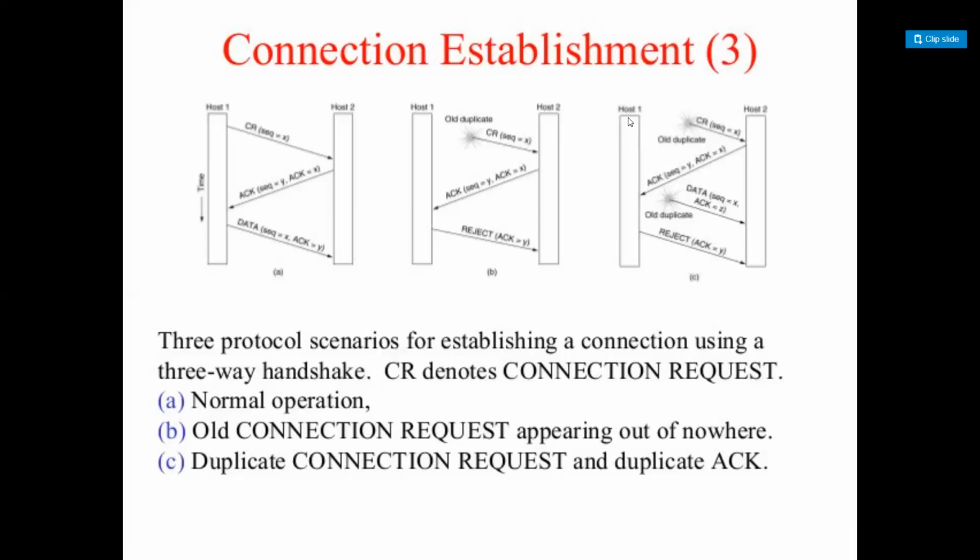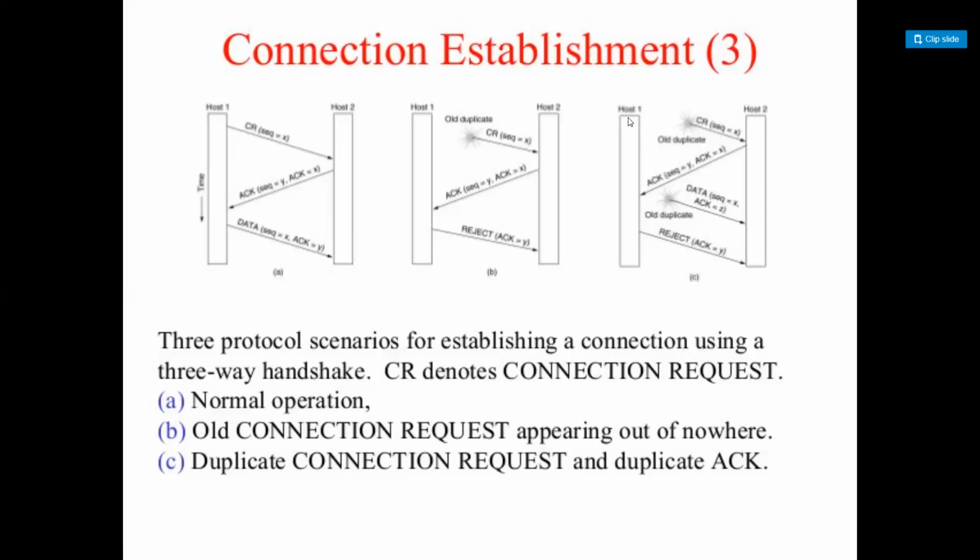After receiving the connection request, the receiver acknowledges the sender's request, and the receiver also sends some data to the sender. Now, after getting the acknowledgement for the connection request, the sender directly transfers the data. This is said to be the 3-way handshaking method. That is the normal operation.